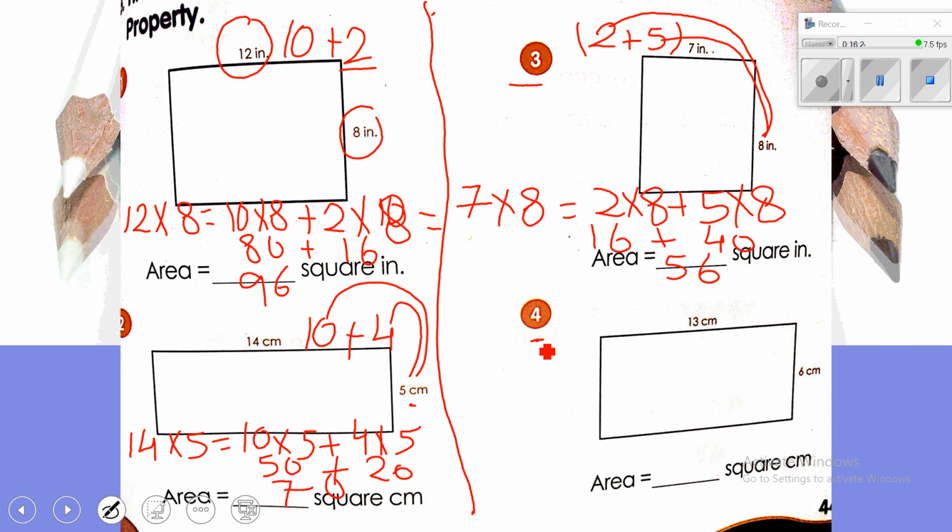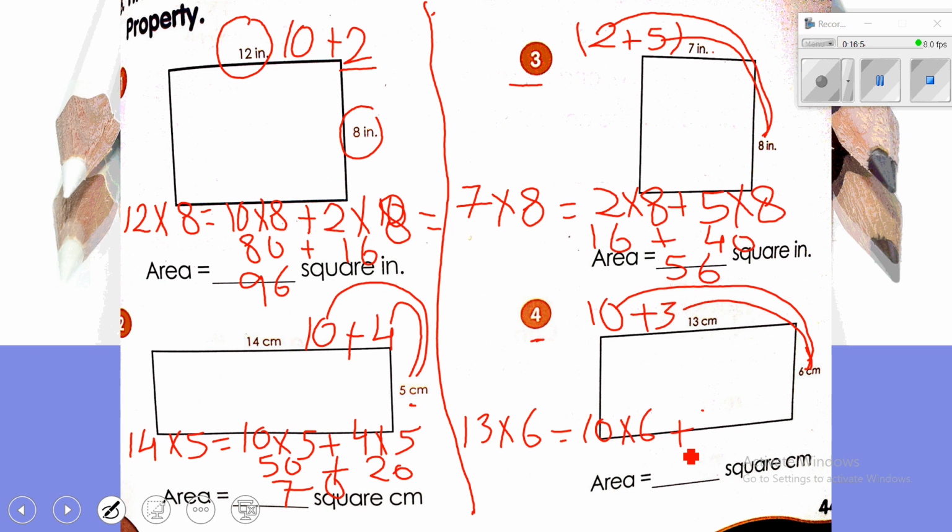Let's do number 4. 13, I have 10 plus 3. The first step, 13 multiplied by 6 equals 10 multiplied by 6 plus 3 multiplied by 6. 6 multiplied by 10, it will be 60.